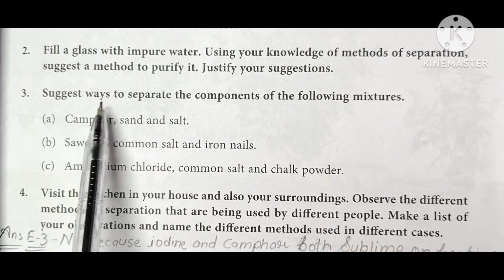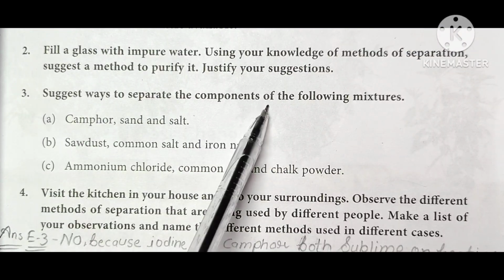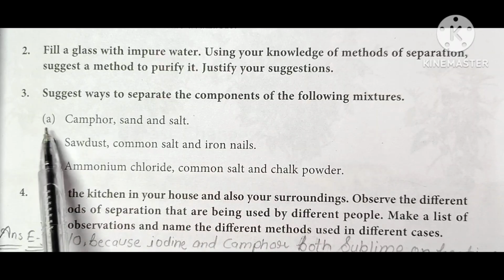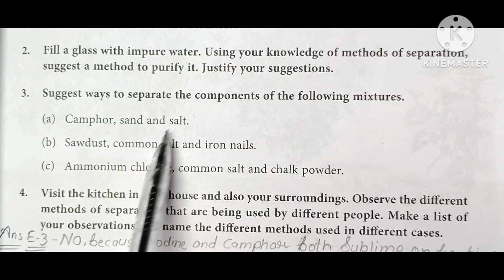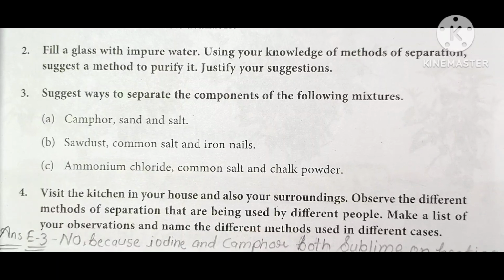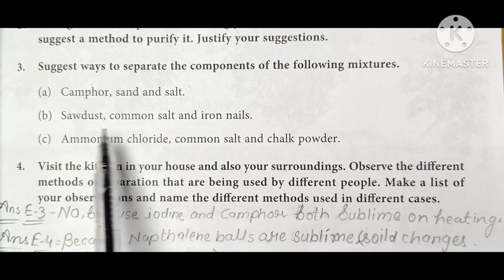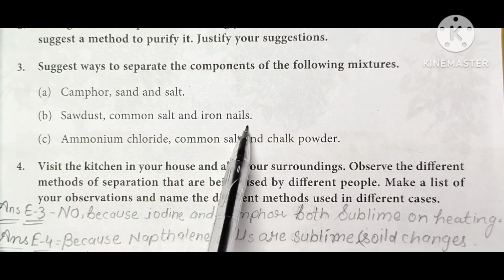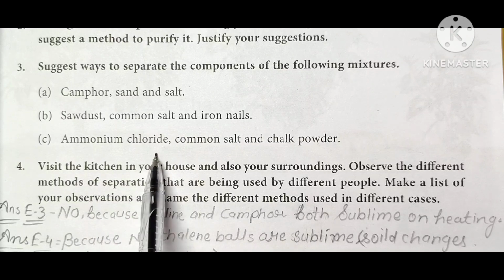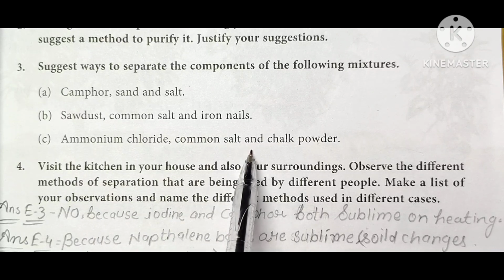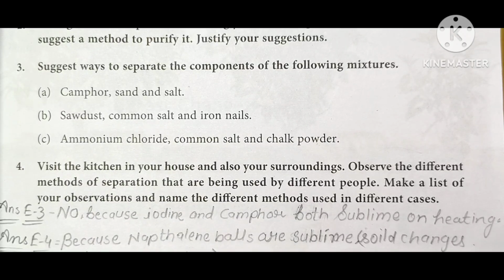Third, suggest ways to separate the components of the following mixtures: A. Camphor, sand and salt. B. Sawdust, common salt and iron nails. C. Ammonium chloride, common salt and chalk powder.